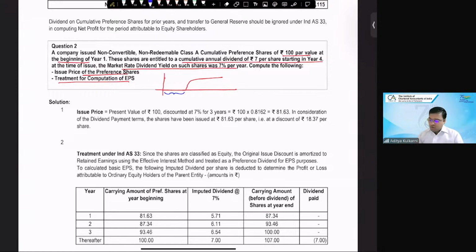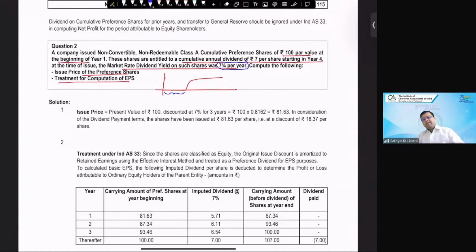This particular category of instrument has a dividend yield in the market of 7% per annum. Today the par value is 100, but this 100 will yield 7 rupees only from year 4 onwards.